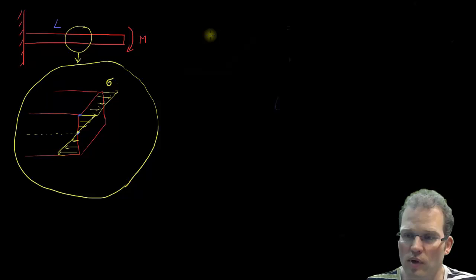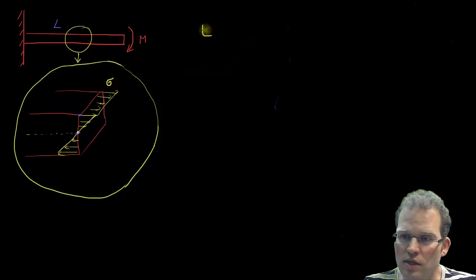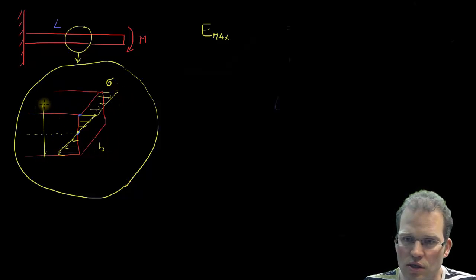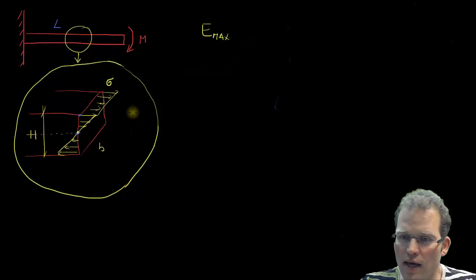Okay, well, let's first consider the E maximum that we could store in this material. A bar with length L, with a width B and a height H. And how much energy could we store into this bar? Well, that is the specific energy, of course, the maximum.